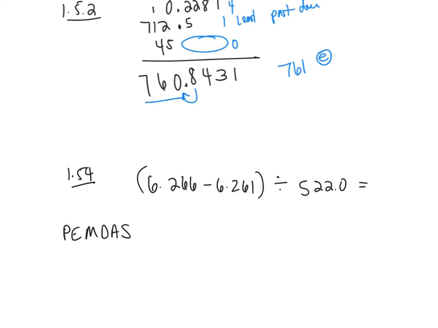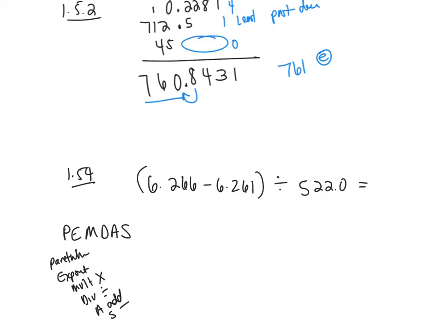These are your orders of operations. P is for parentheses, E is for exponents, M is for multiplication, D is for division, A is for addition, and S is for subtraction. So that's your order of operation.